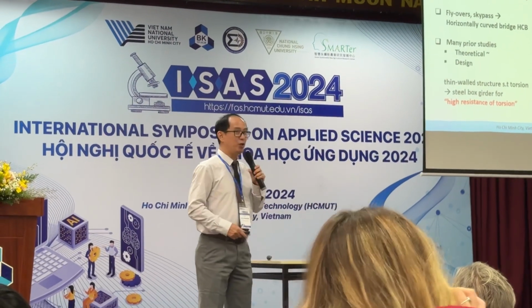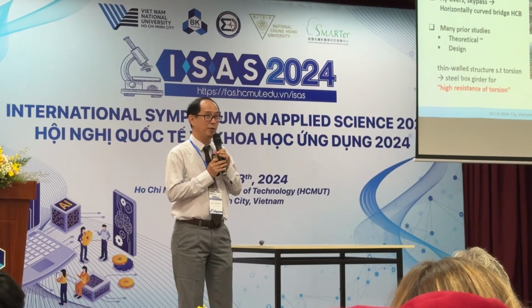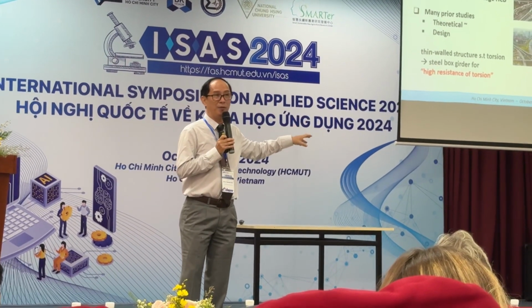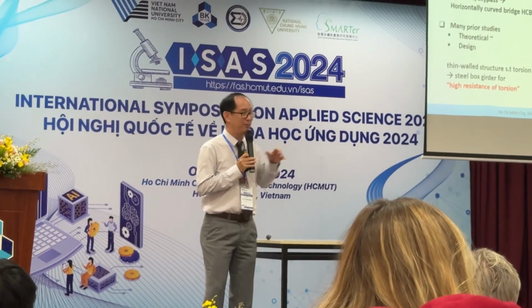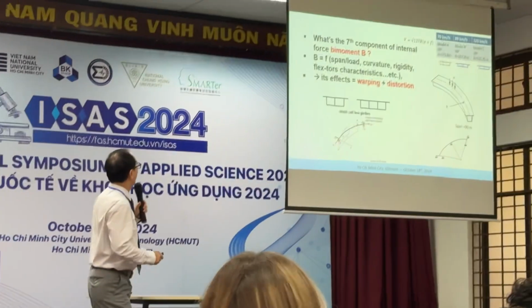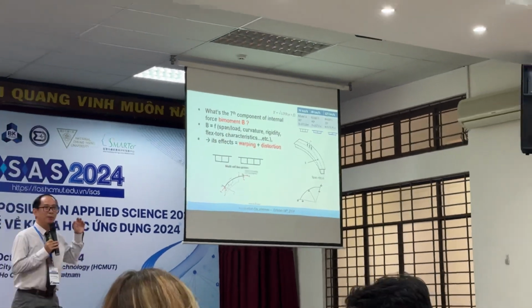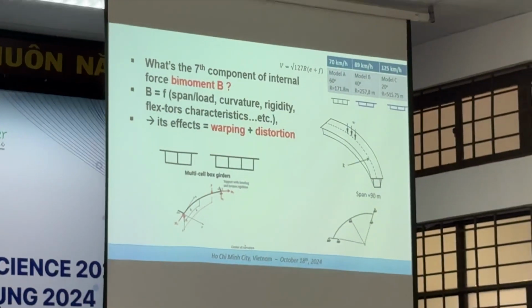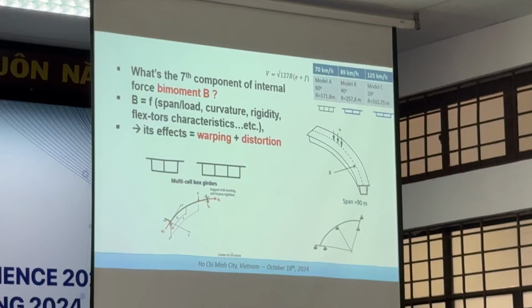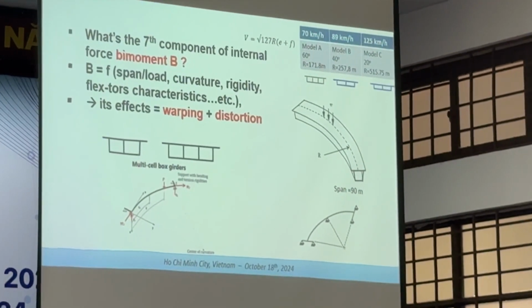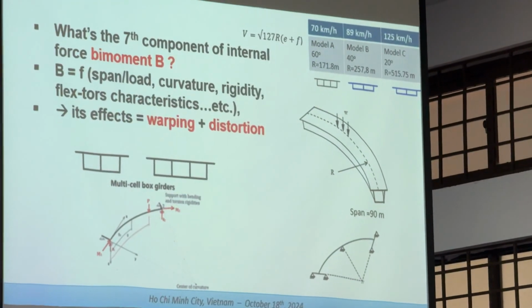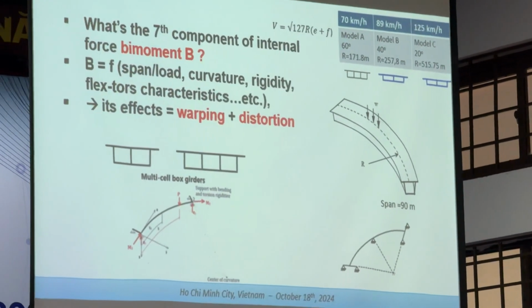But for the steel box girder, you know that these structures are made of steel, for example, or pre-stressed concrete. So the problem here is how we can detect or identify the bimoment, as the unusual seventh component of internal force.